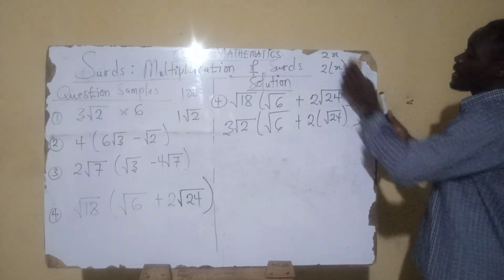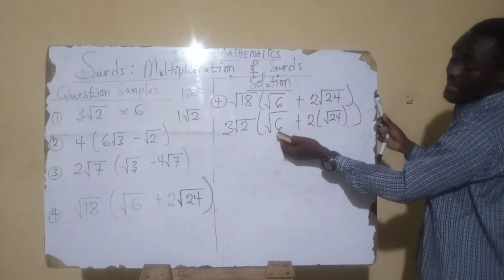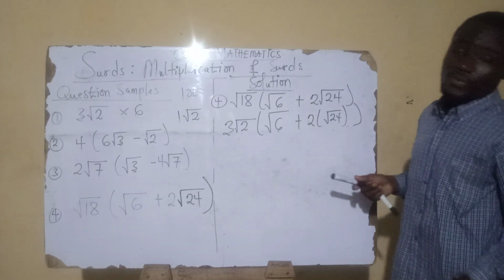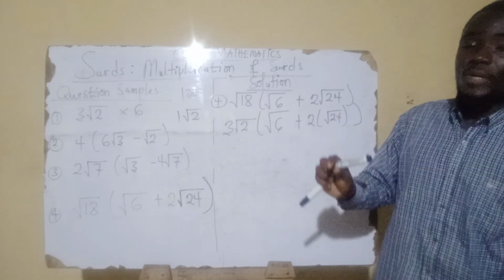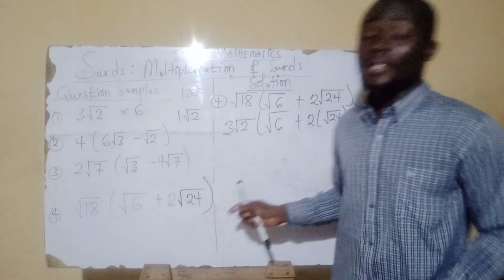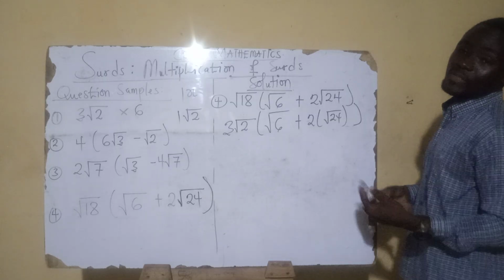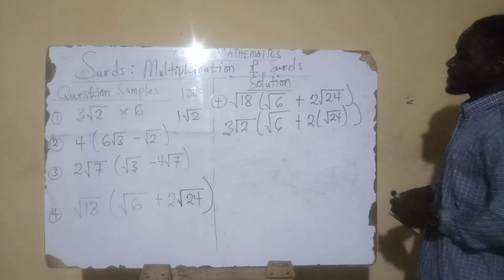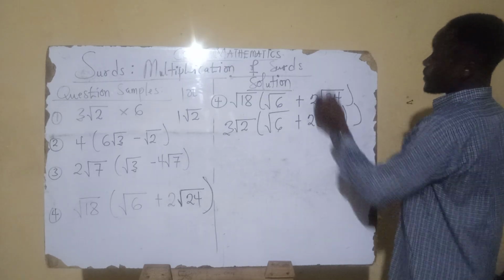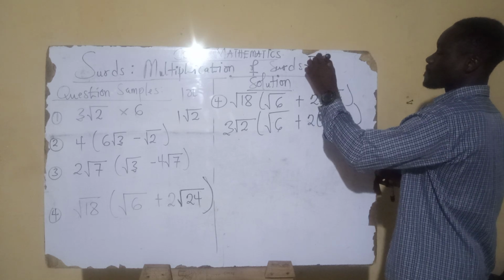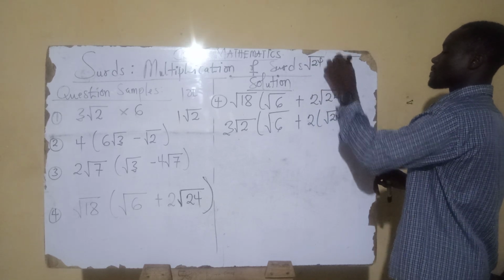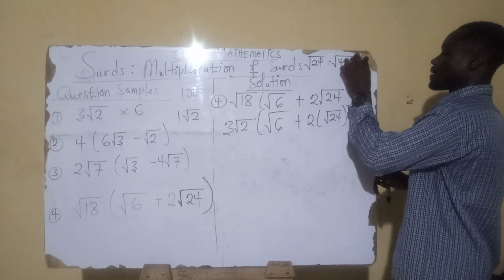Very good. So let's decompose the 24 and root 6. We cannot decompose root 6. Why? Because there is no perfect square times any number that will give us 6. Okay? We don't have any perfect square there. Though 1 is possible, but 1 will not change anything. Alright, so let's decompose the 24. Here we have 24 giving us 4 times what? 6.